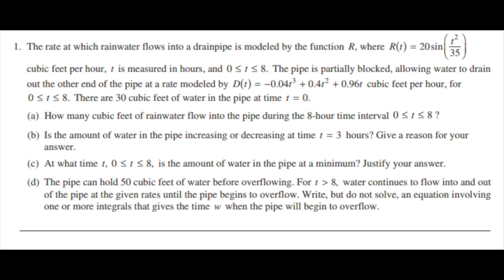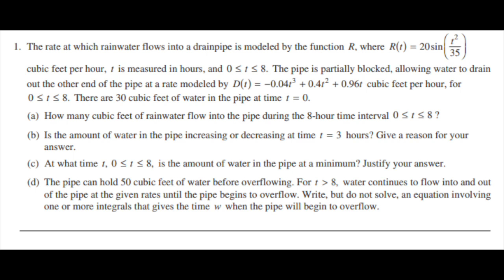Number 1. The rate at which rainwater flows into a drain pipe is modeled by the function r, where r of t is equal to 20 sine of t squared over 35 cubic feet per hour. t is measured in hours and goes from 0 to 8.